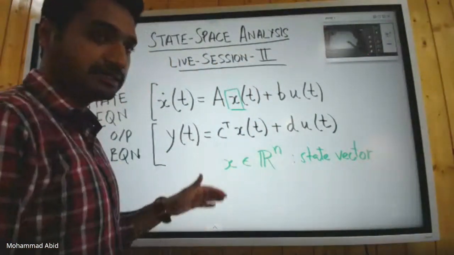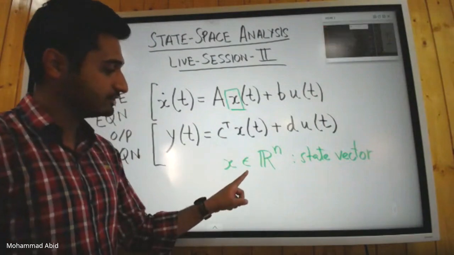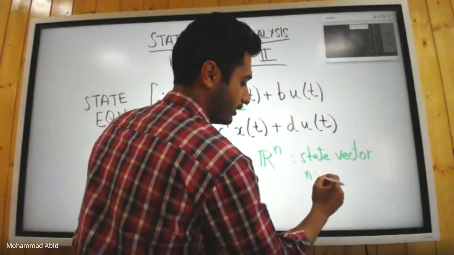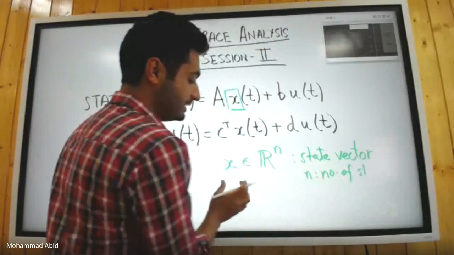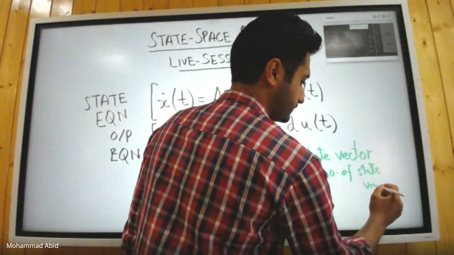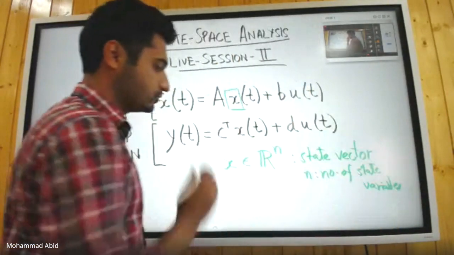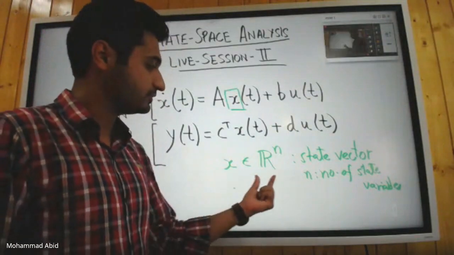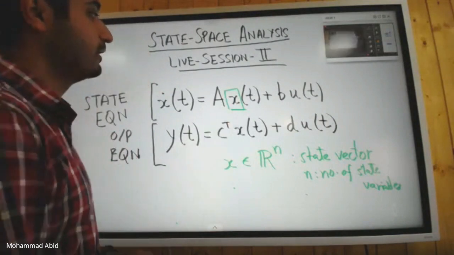It contains entries which are known as state variables. And what I've written here is x lives in a dimension n, where n is the number of state variables. That's the number of entries of x. Okay, simple. So x is a vector and its entries are n, and each entry corresponds to a state, and this x is the state vector.